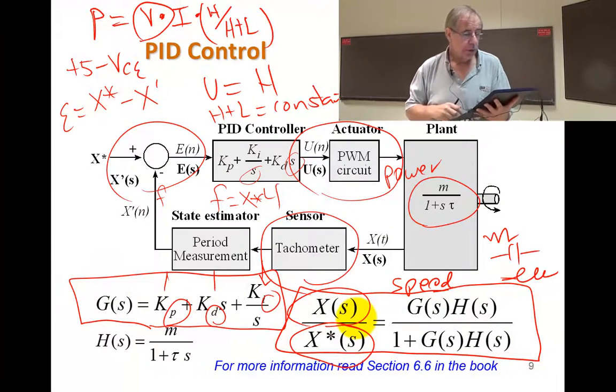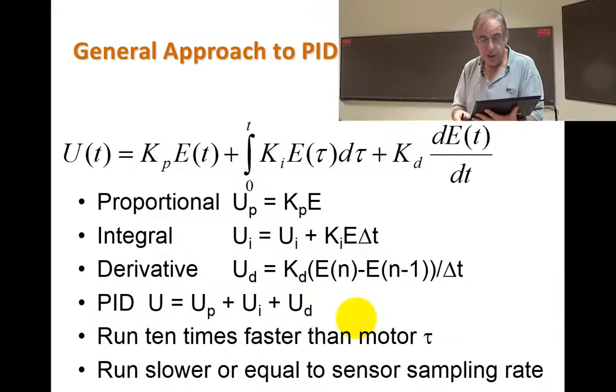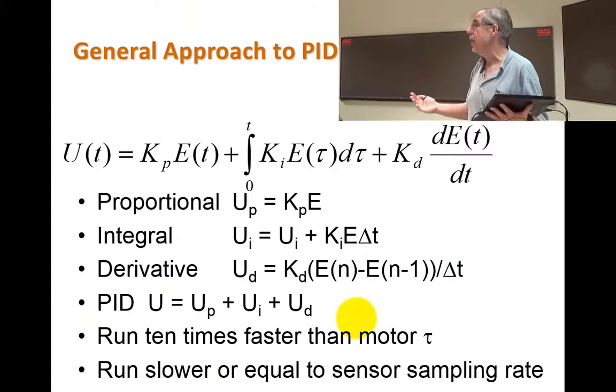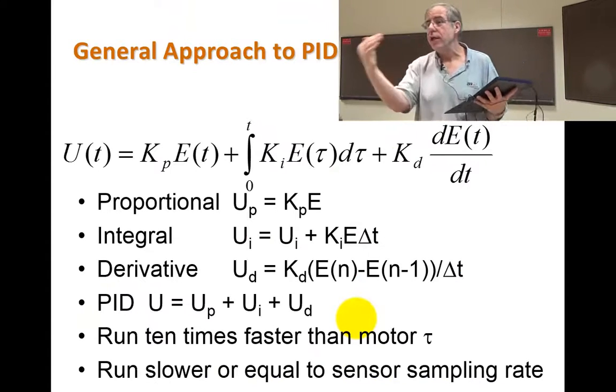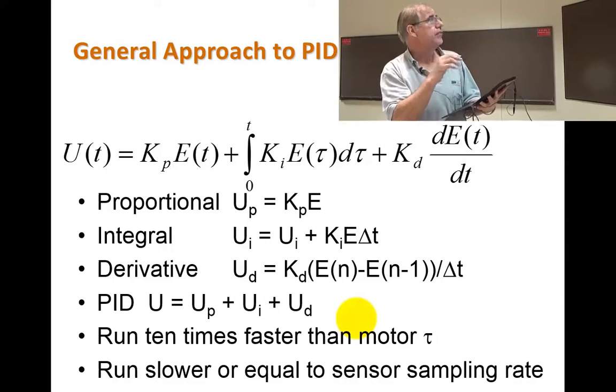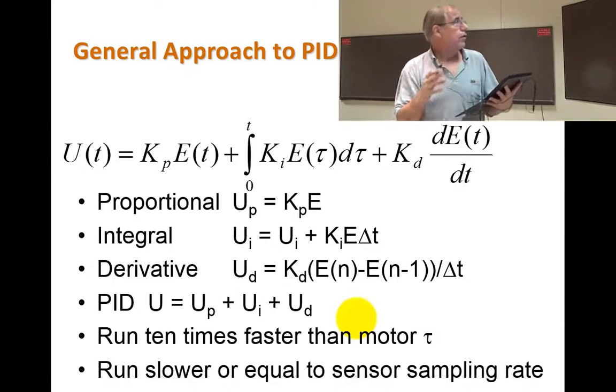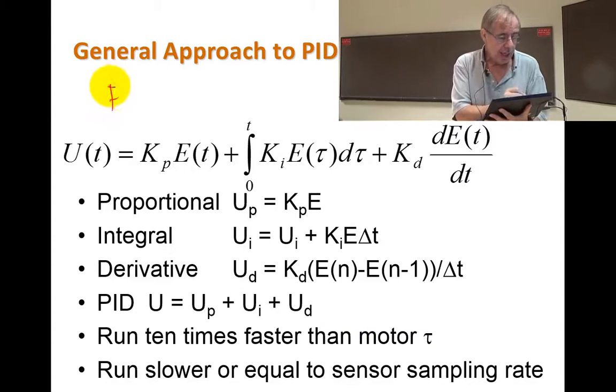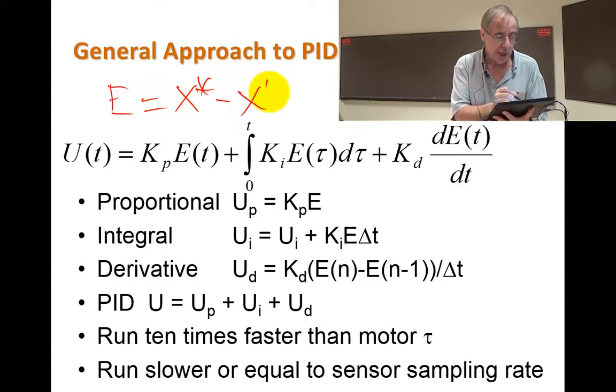All right. Well, let's translate to how this would look like in software. If I were to implement a proportional integral derivative controller, my first step is to calculate the error, which is the difference between the desired state and the measured state.